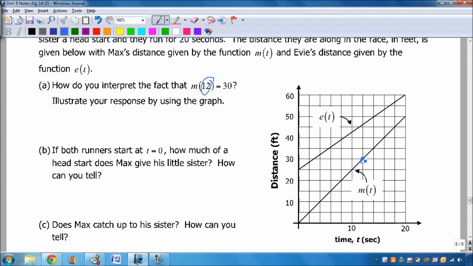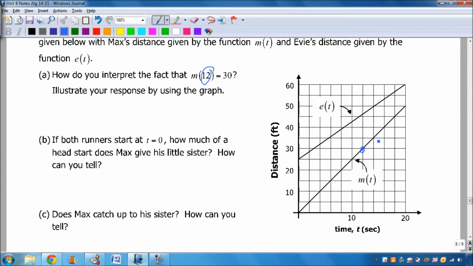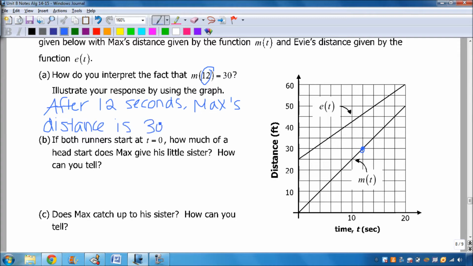So that means that when my time is 12, Max's distance is 30, okay? So I would say after 12 seconds, Max's distance is 30 feet, okay?